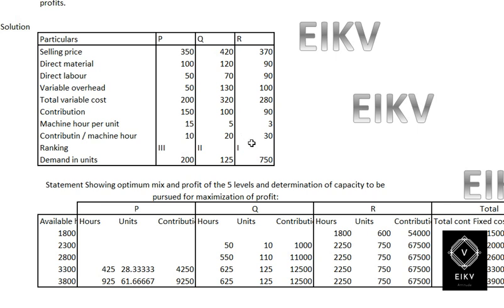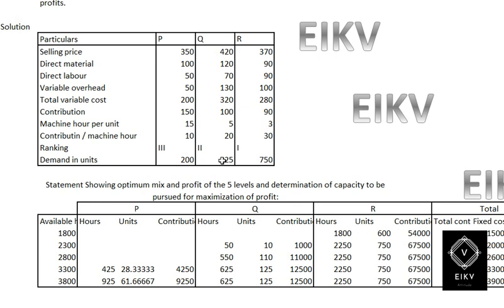Out of which we need to select the one with the highest contribution per hour as ranking 1, which is R. So product R is the most profitable, which will give 30 rupees as contribution for each hour. And then the next one is 20, which is product Q, and then comes P, with contribution per machine hour of 10, which is ranked as 3.